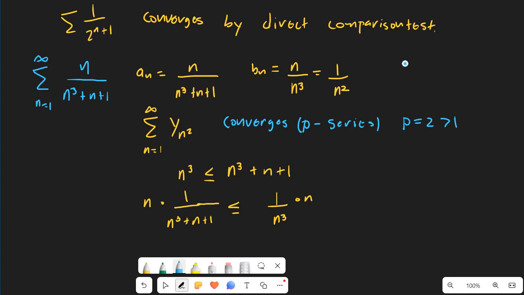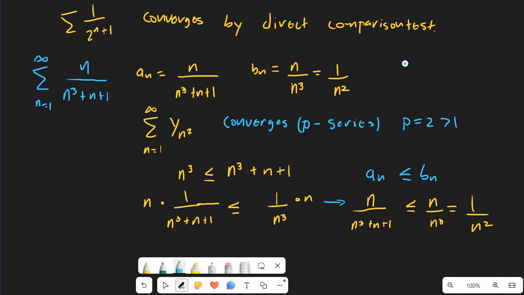We would get that n over n cubed plus n plus 1 is less than or equal to n over n cubed, which is equal to 1 over n squared. So in this case, this gives us our an is less than bn, which means that we've satisfied that as well.